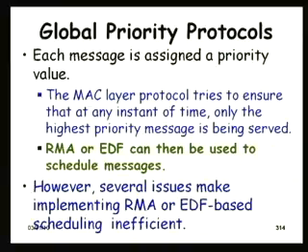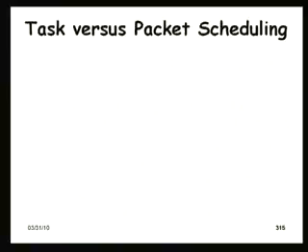Unfortunately, there are many issues. We will just discuss a couple of them, which make implementing an RMA or EDF based solution rather inefficient. It is not really analogous to task scheduling on a processor. Let us see the complications.